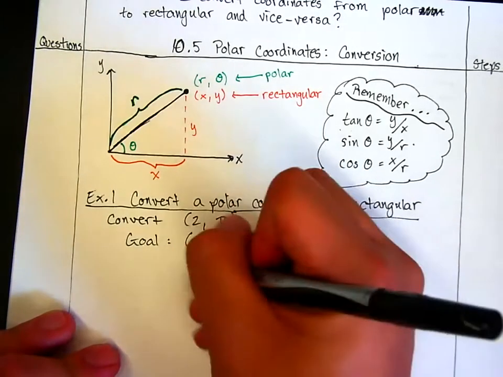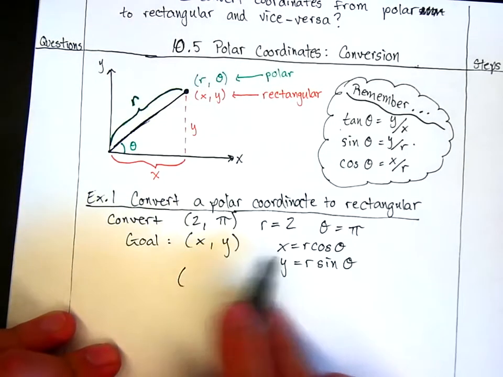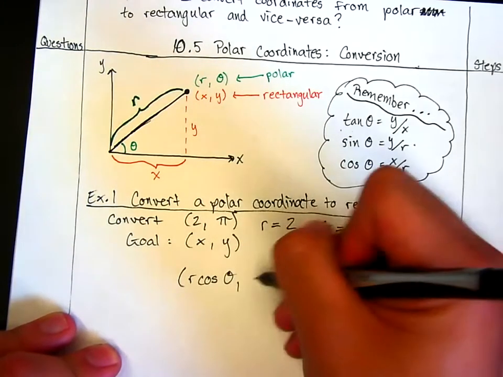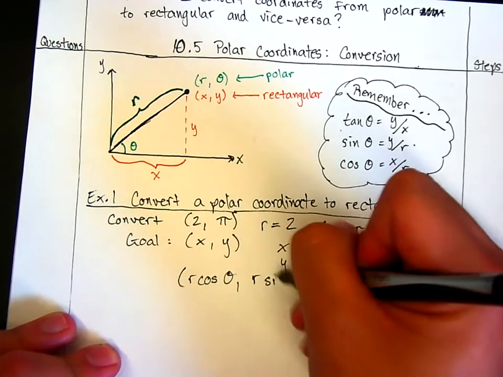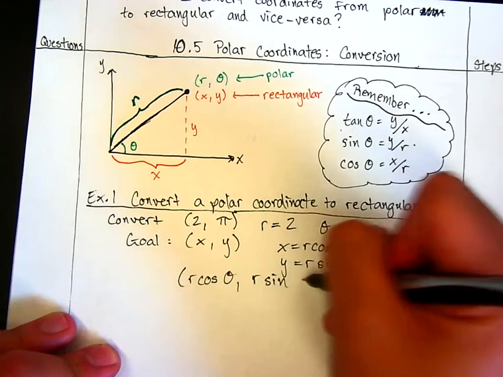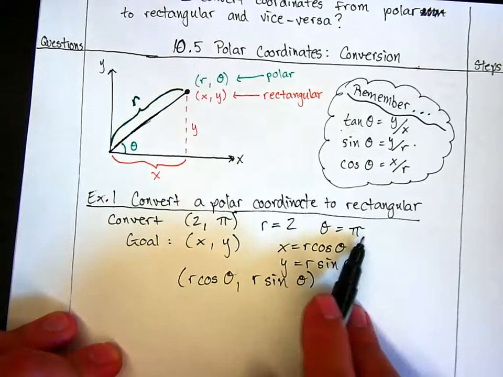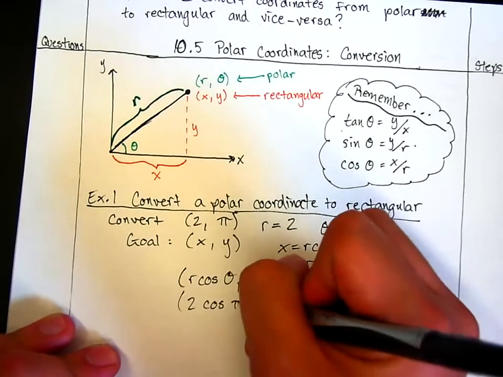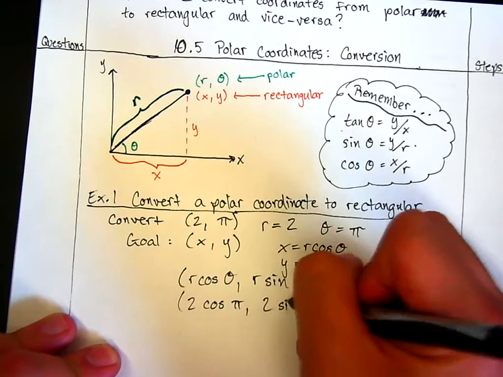So my goal is not going to be xy, instead it's now going to be r cosine theta and r sine theta. I substitute in these values, 2 and pi: 2 cosine pi and 2 sine pi.